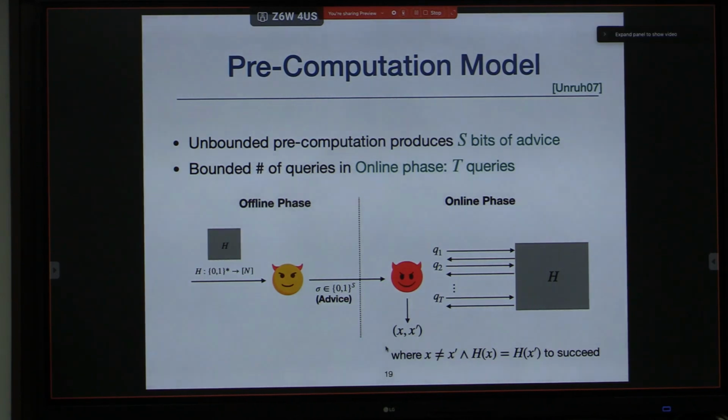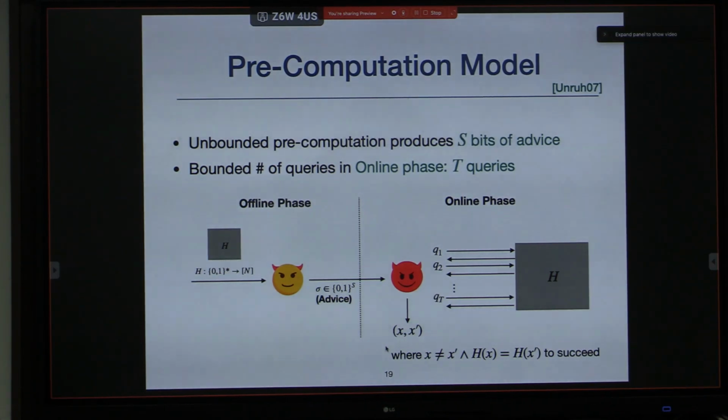But it is bounded to output only S bits of information. This S bits it sends to its online phase, where the adversary can now make T queries to the function, and it is required to find collisions.